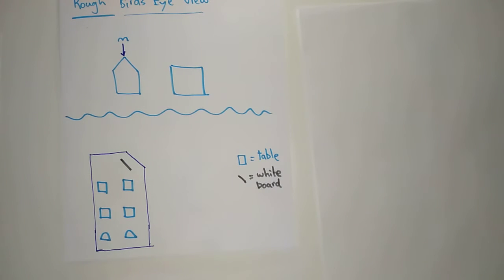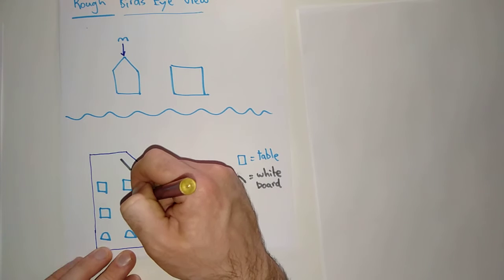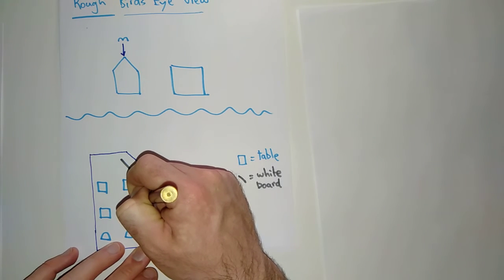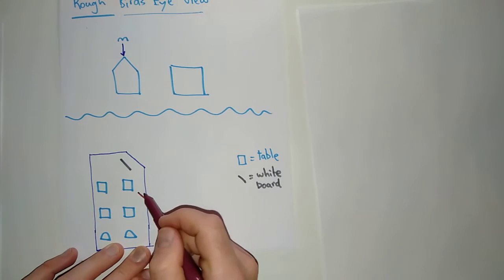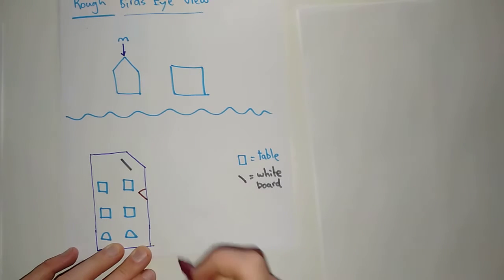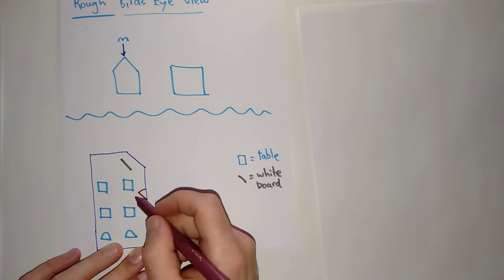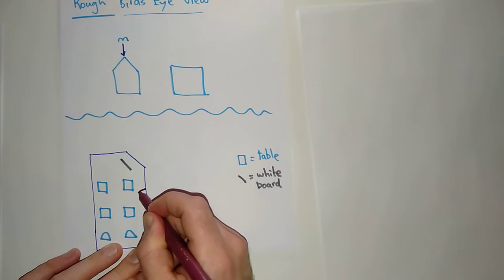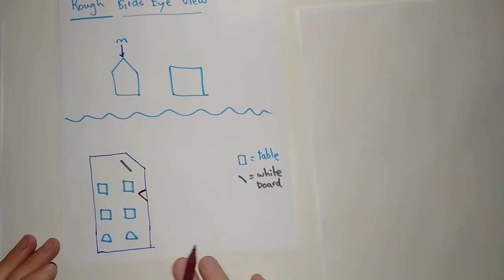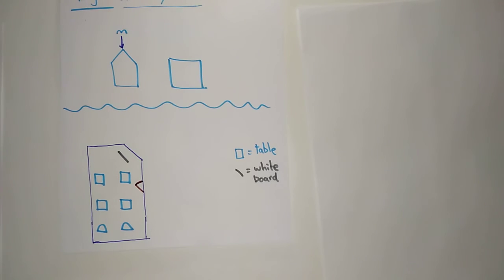And the third thing that I'm going to include, which is a bit of a convention, is this sort of thing. If I draw a straight line out from a wall and then a curved line, in the business, this represents a door.